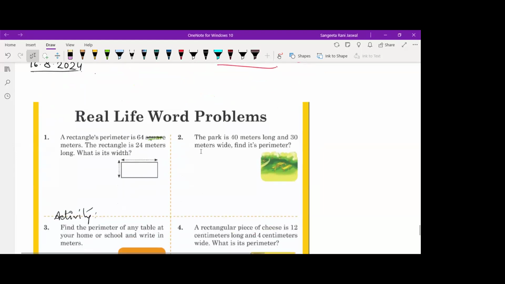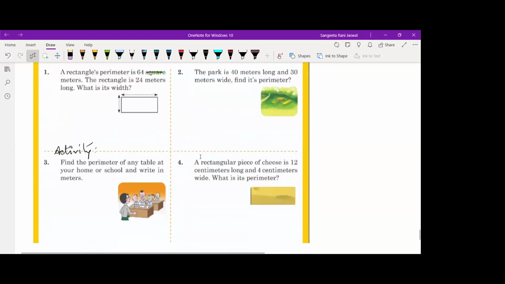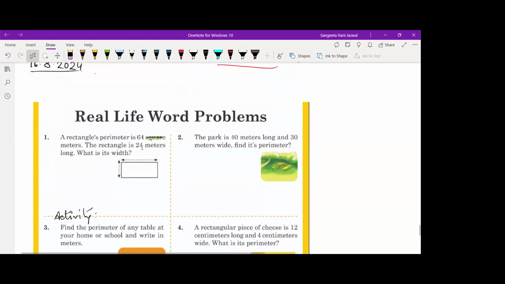Some word problems are here. A rectangle's perimeter is 64 meters. The rectangle is 24 meters long. What is its width? Width means the breadth. You know the length and the breadth, no? The longer side is the length. The other side is the breadth.